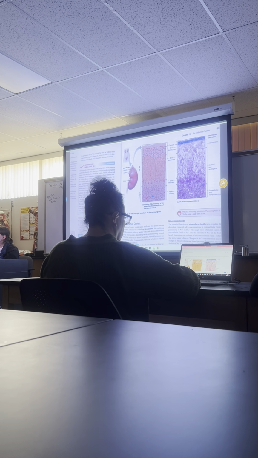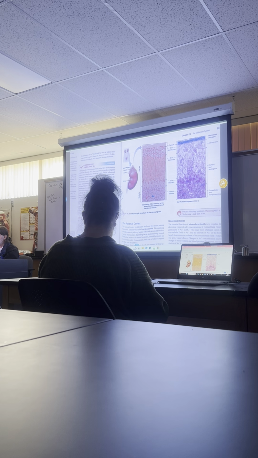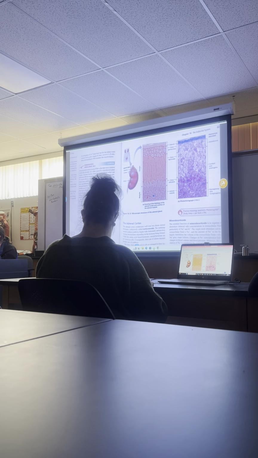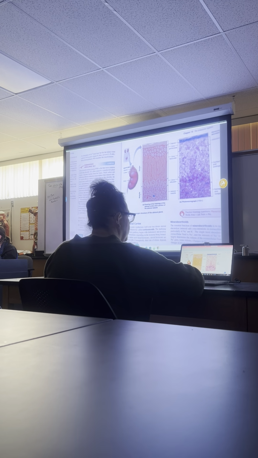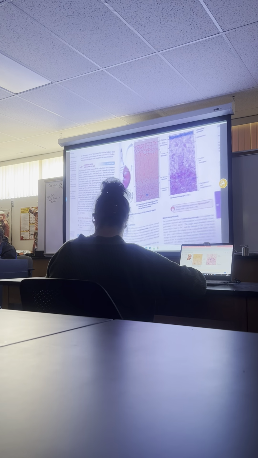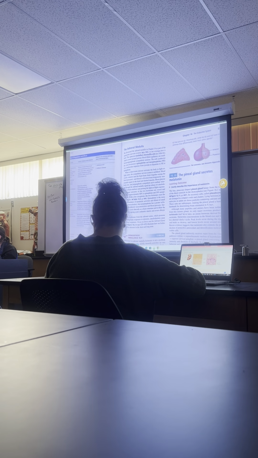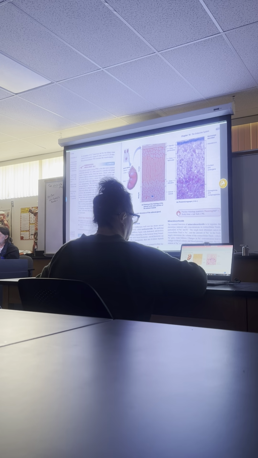We have three zones: zona glomerulosa, zona fasciculata, zona reticularis. Zona glomerulosa, can we talk about this? I don't think so, then we really do need to. Let's go to the note sheet.